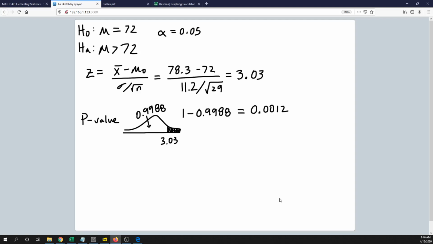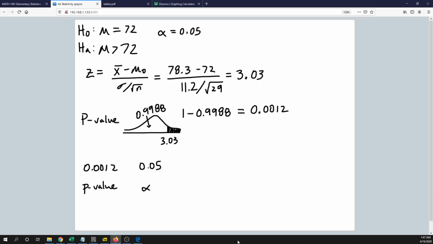Next up, we want to compare the p-value, 0.0012, to the level of significance, which is 0.05.